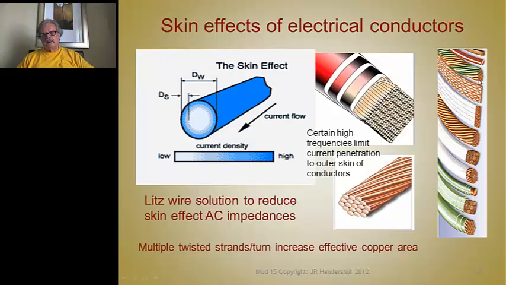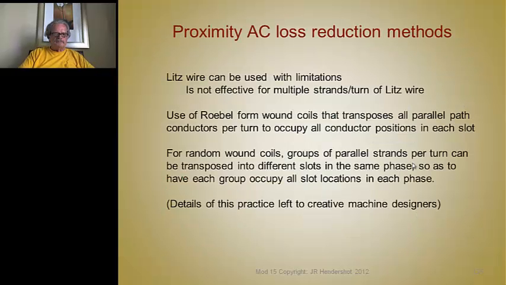So the cross section of all these little strands has to equal the cross section of a single conductor you've designed it to. But the more strands you have, the closer the skin cross-sectional area for each strand added together equals the cross-section you need.